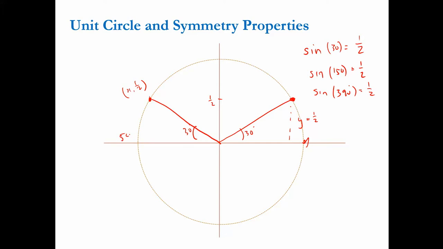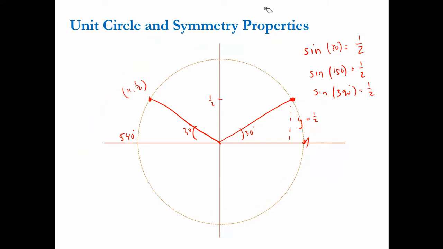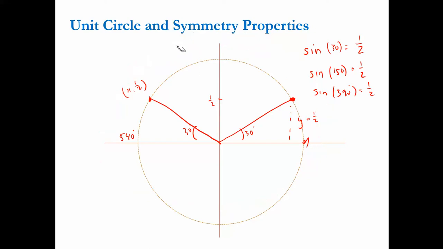So this is 540 degrees. But what if I want to go from 360 and stop right there? 360 plus 150, or 540 take away 30, which makes it 510. So sine of 510 degrees is equal to half.